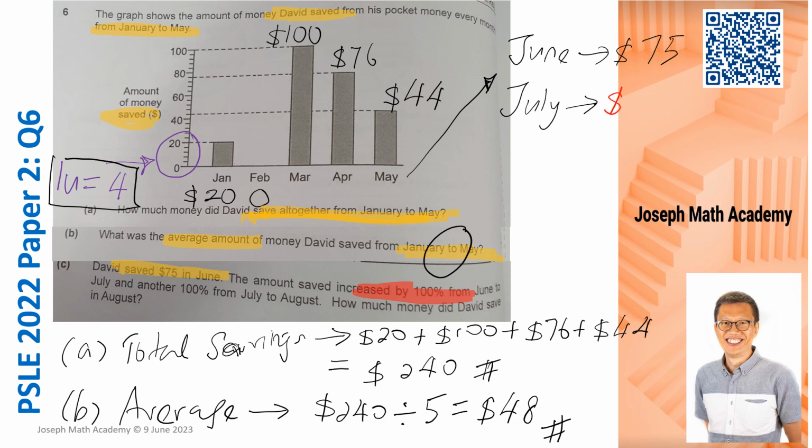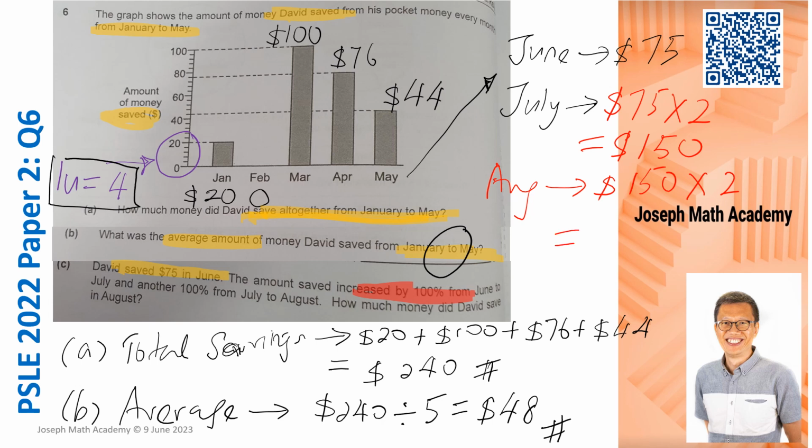Doubled means we must times 2. So this is $150. Now, how about the next one, which is August? In August, comparing with July, it is also another 100% increase. So again, it must double again.